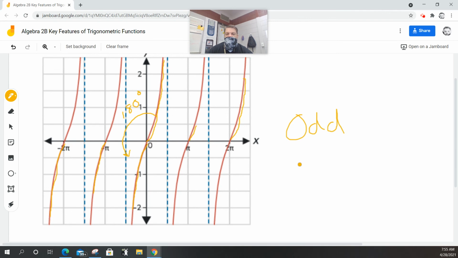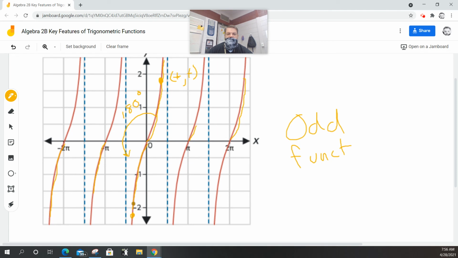Now the other test would be positive and negative values. I don't know what this x value is, but if I go to the same spot, so this is like a positive x, right? And then a positive y value. But if I go to the negative x, guess what?